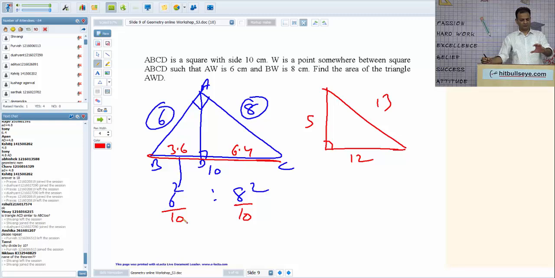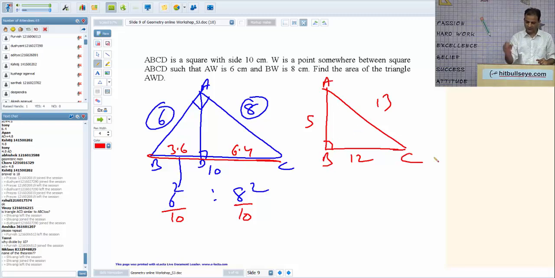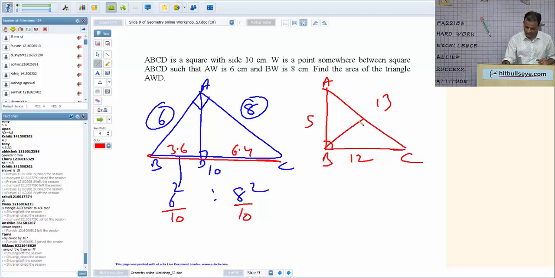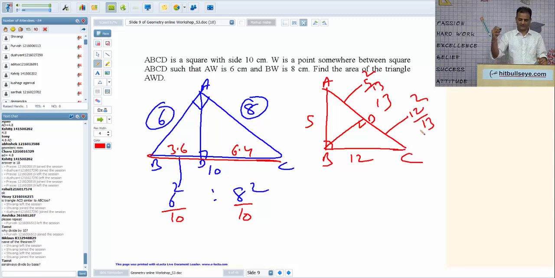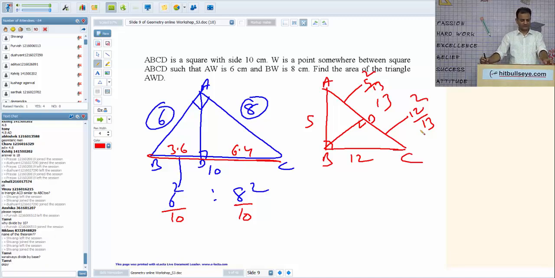So this is basically the similarity theorem on a right angle triangle, Nicholas. So for 5, 12, 13, like ABC, suppose it is given, draw altitude BD, and BD will divide AC into 5 square by 13 and here 12 square by 13. Yes Tanvi, always divide the base in the ratio of their squares.